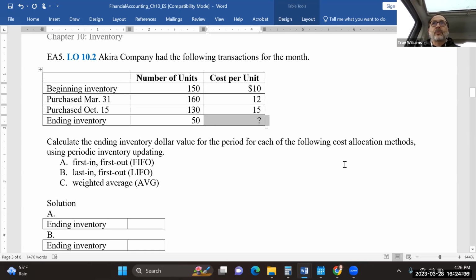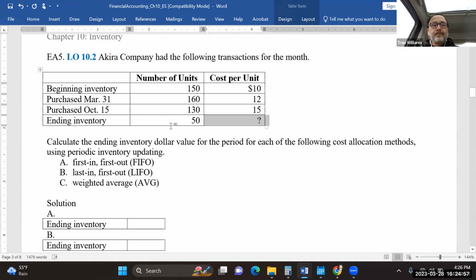You'll get the hang of it as we go through it. So just keep that in mind. When I'm talking about which inventory we sold in this chapter, I don't really mean which inventory we sold. I really mean which cost of inventory we're using, regardless of which actual lot it came out of.